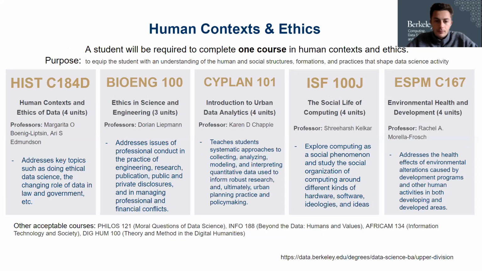Data science majors also have to take 1 class in human context and ethics. And there's actually 9 classes you can take. Some of them are history C184, bioengineering 100, city planning 101, ISF 100J, and ESPM C167.